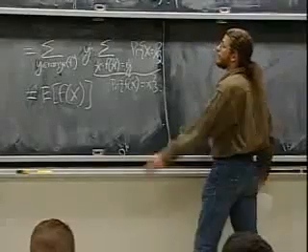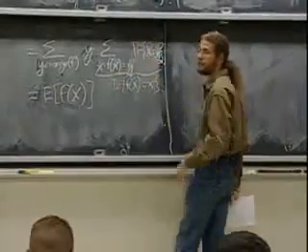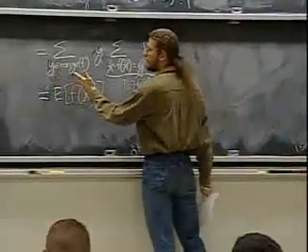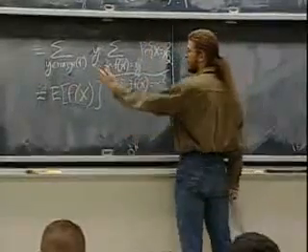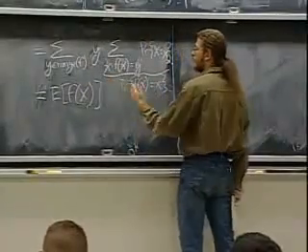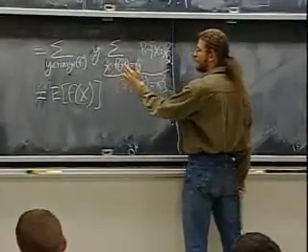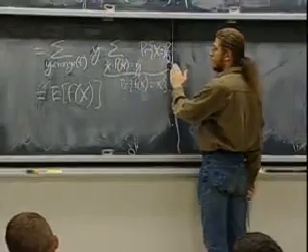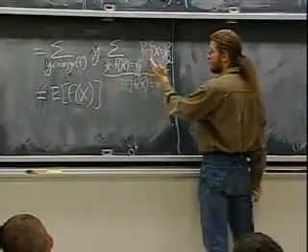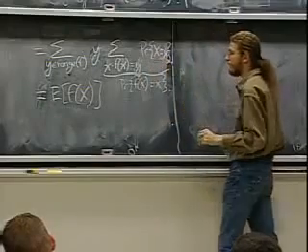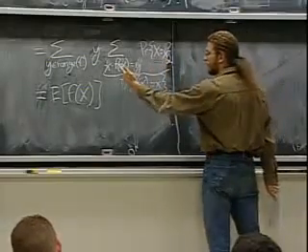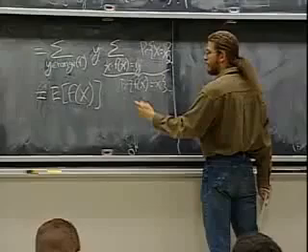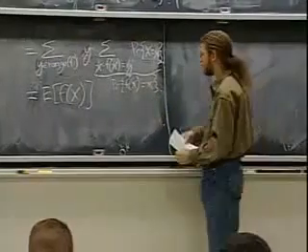So what I really care about is what this f of X value takes on. Let's just call it y. Look at all the values y that f could take on. That's the range of f. And then I'll look at all the different values of x where f of x equals y. If I add up those probabilities, because these are different values of x, those are sort of independent events, so this summation will be the probability that f of X equals y.